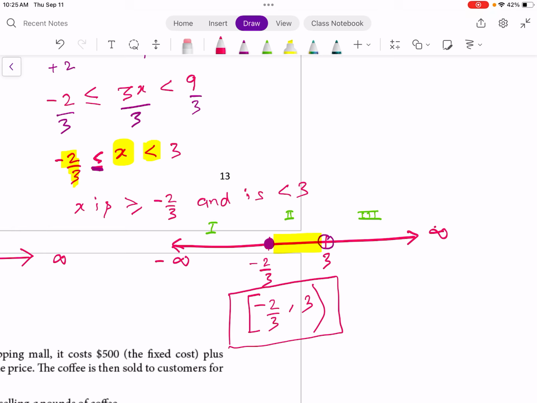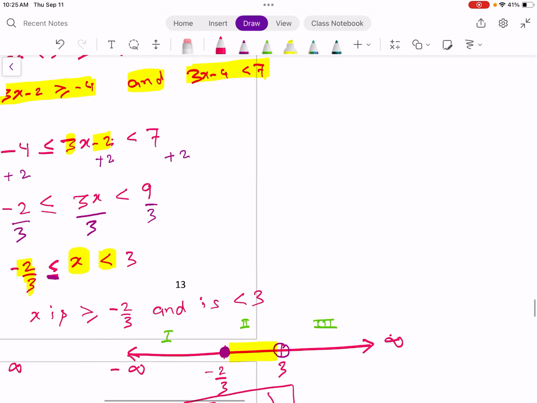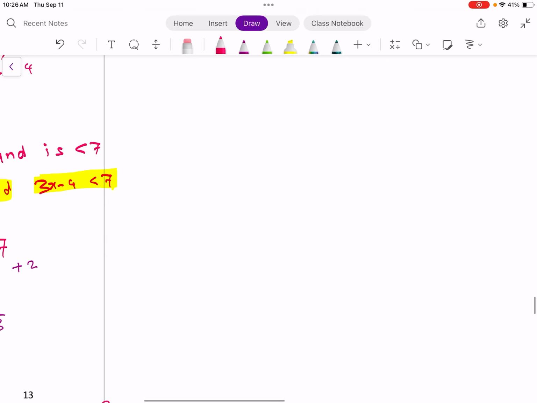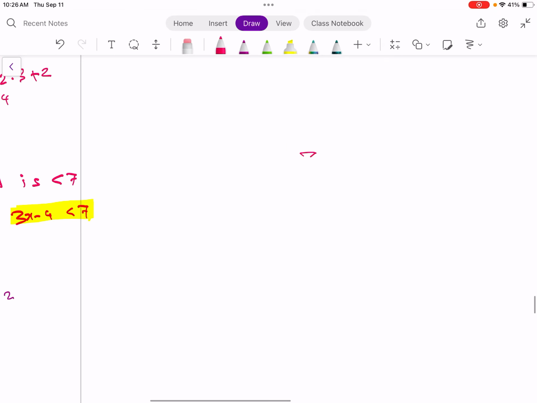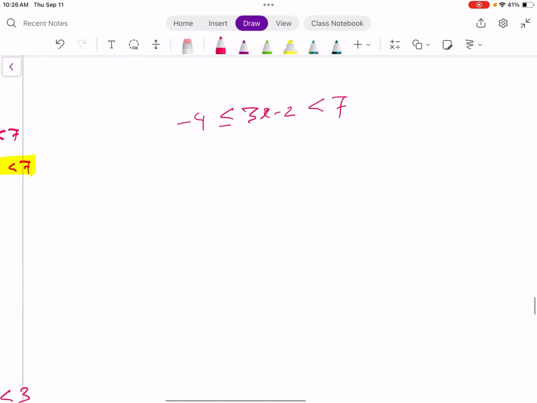Now let me write the same inequality. We had 3x minus 2 greater than or equals to -4 and less than 7. Now we can rewrite this inequality as 3x minus 2 is greater than or equals to -4.